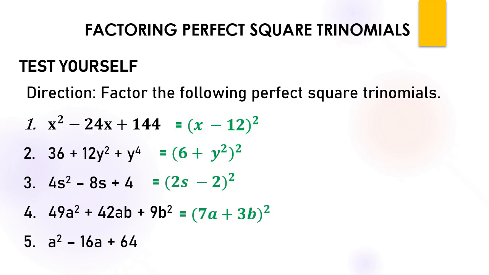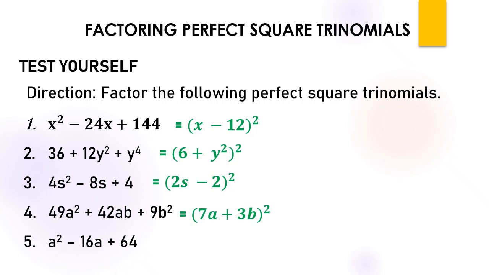A squared is the square of a, that is our a, and 64 is the square of 8. It is our b. So the middle term must be twice the product of a and b. Our a is a, our b is 8. So ab is 8a. Then multiply it by 2. 2 times 8a will give us the middle term, 16a. So therefore, it is a perfect square trinomial.